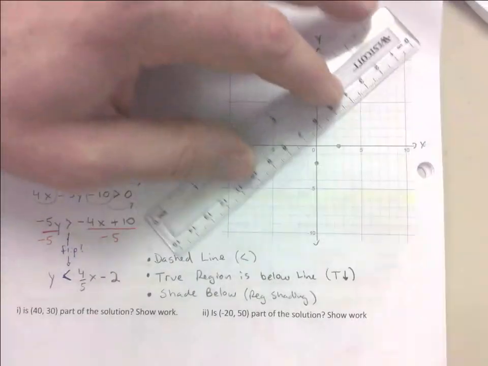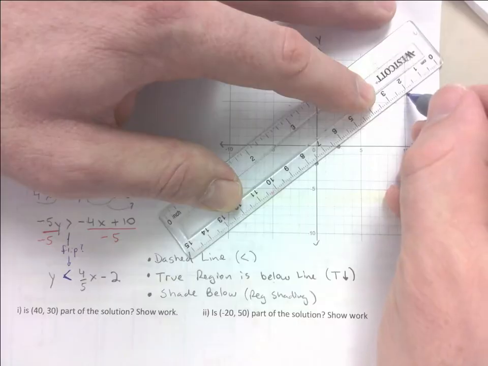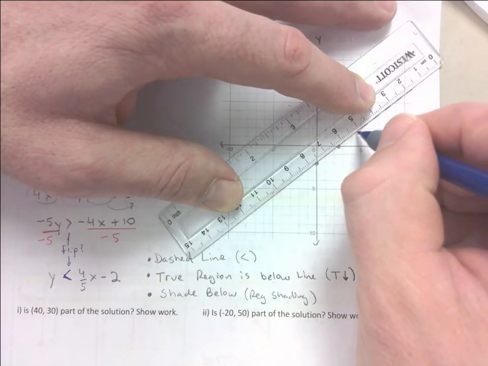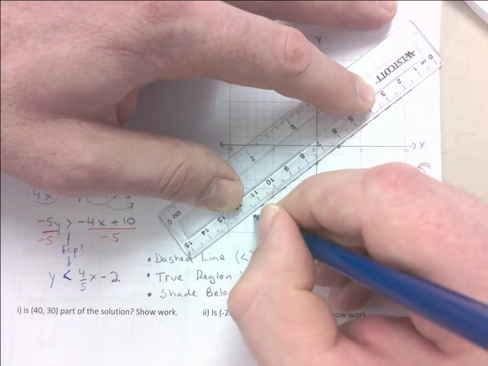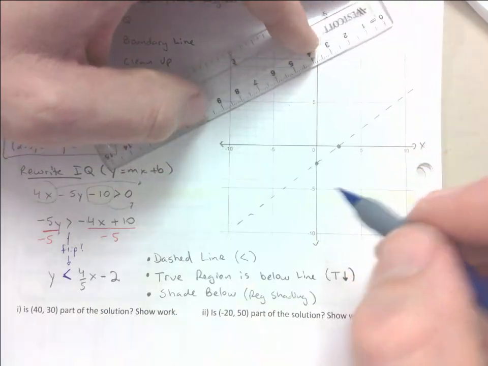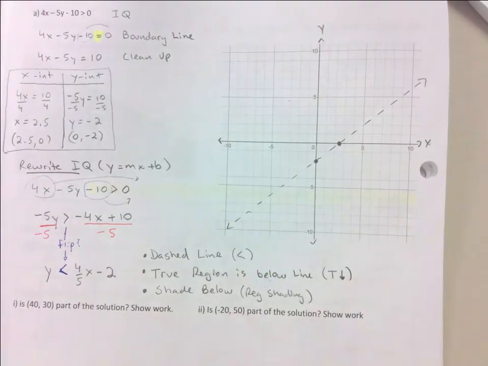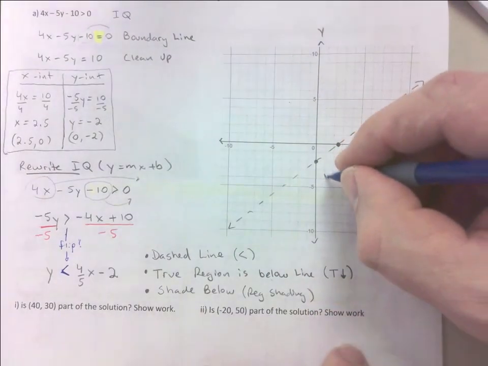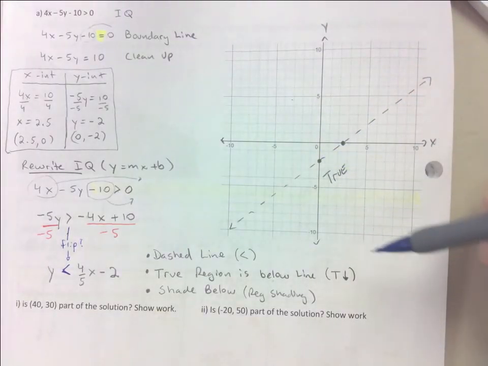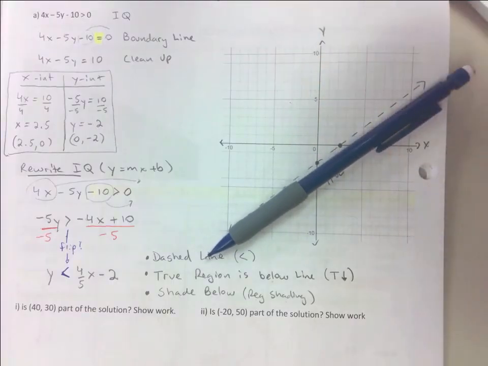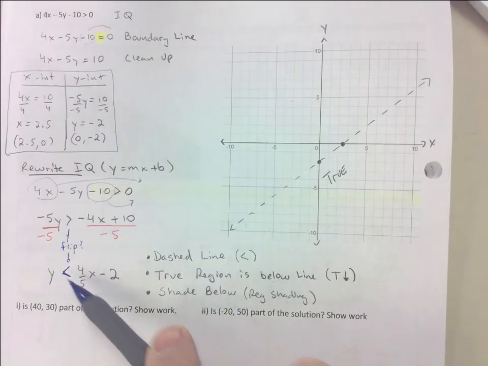I go to the 2 intercepts that are going to help me graph the boundary line, and I'm going to go dashed. The nice thing is if you make a mistake and go solid, you can always just erase a few sections and turn it into a dashed line, right? So this is your dashed boundary line. And I will label the true region. It's below the line, right? So if this is the line, below the line is true. Okay. That's what this is telling me.